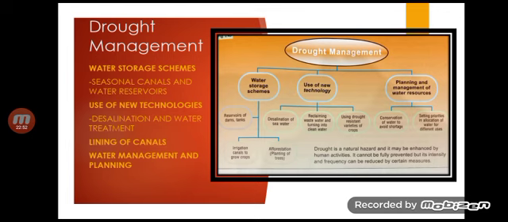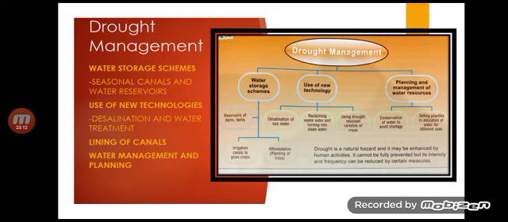The next is the use of new technologies like desalination and water treatment. During desalination you can use the salt water to irrigate your crops, and wastewater can also be treated to be used as a tool for irrigation.